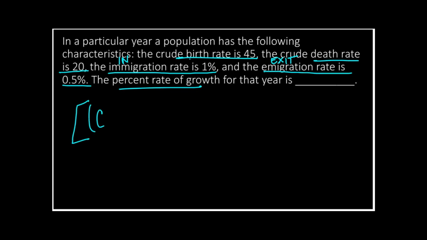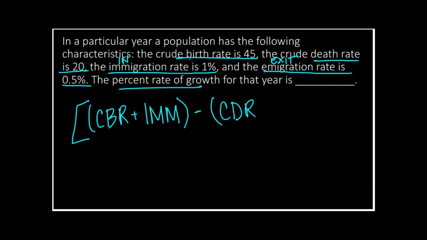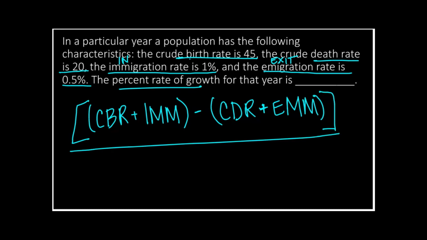So we have our crude birth rate plus our immigration, because those are things that make the population bigger. And then we'll do crude death rate plus the emigration. Those are the things that make the population smaller. And then we can divide that by 1,000, and that'll equal R.